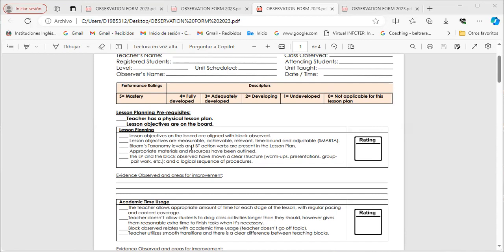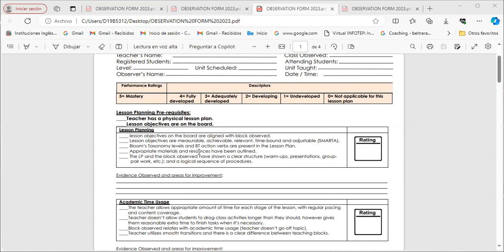So it's not correct to start with application verbs or an application level of thinking or a higher level of thinking if students don't know how to apply the content.